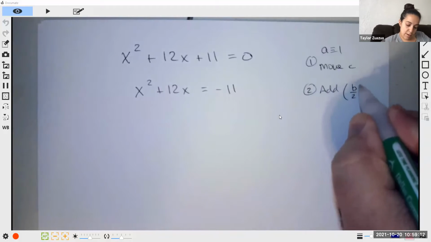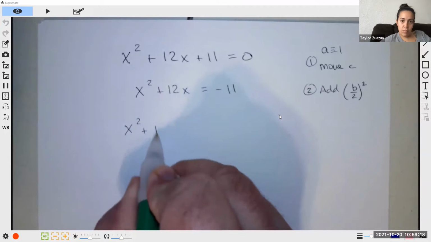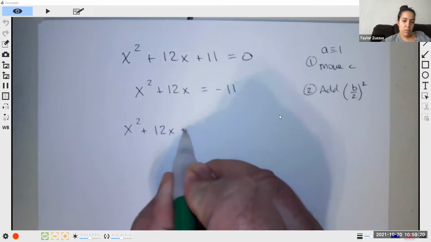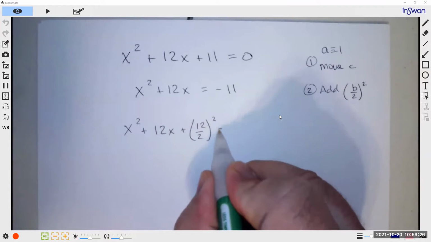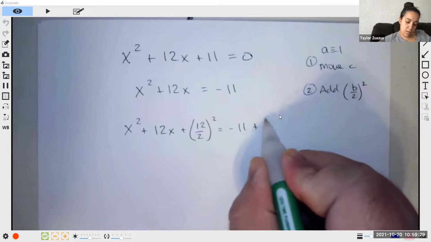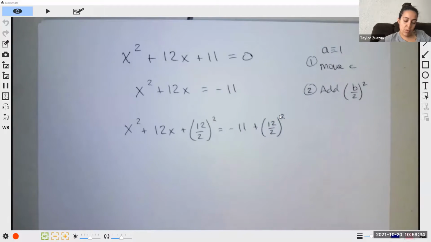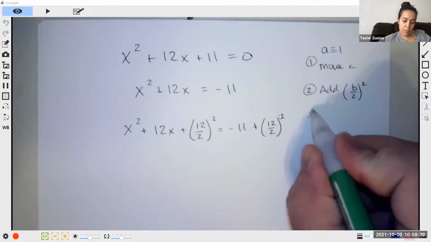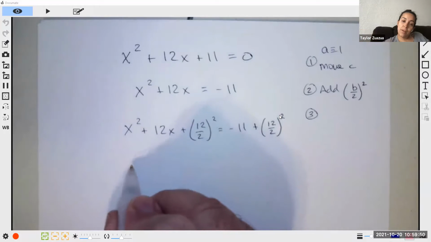So x squared plus 12x plus 12 over 2 squared equals negative 11 plus 12 over 2 squared. And then do the left side only inside, and the right side work it out.